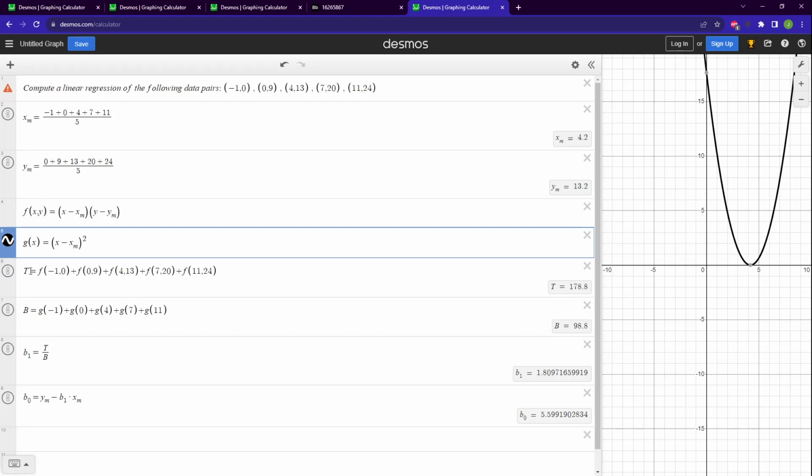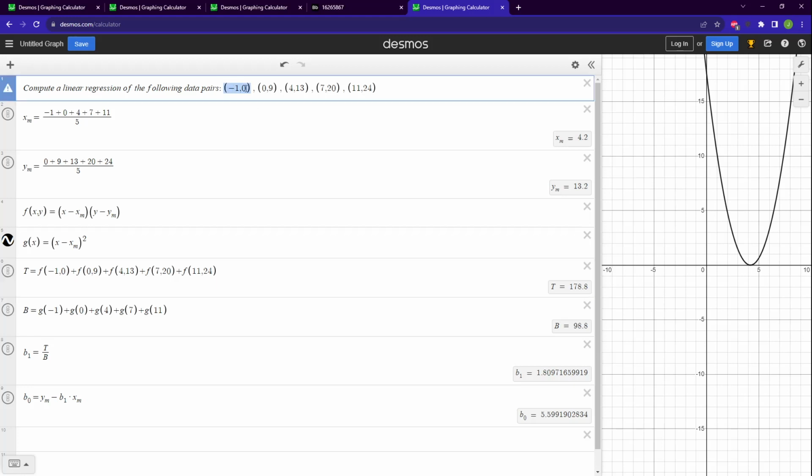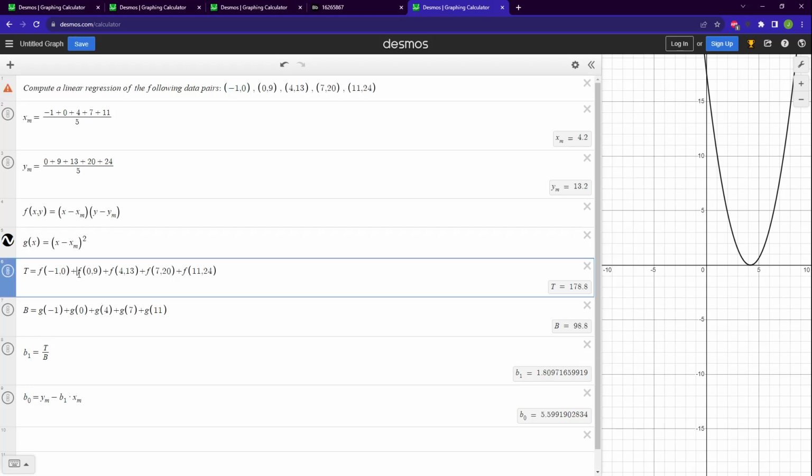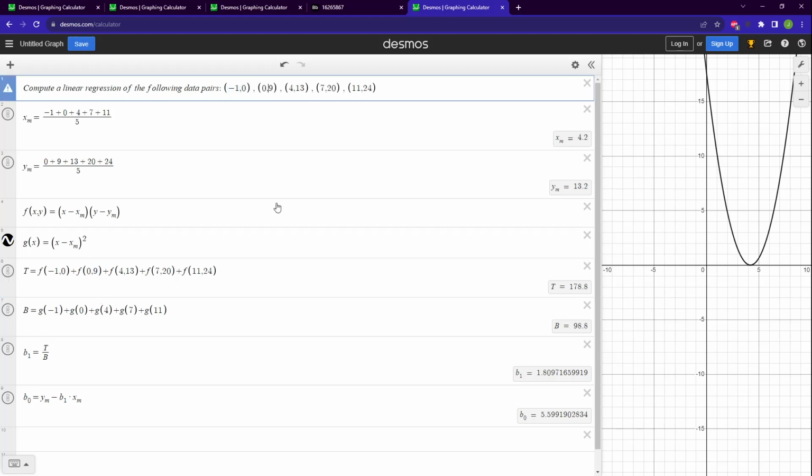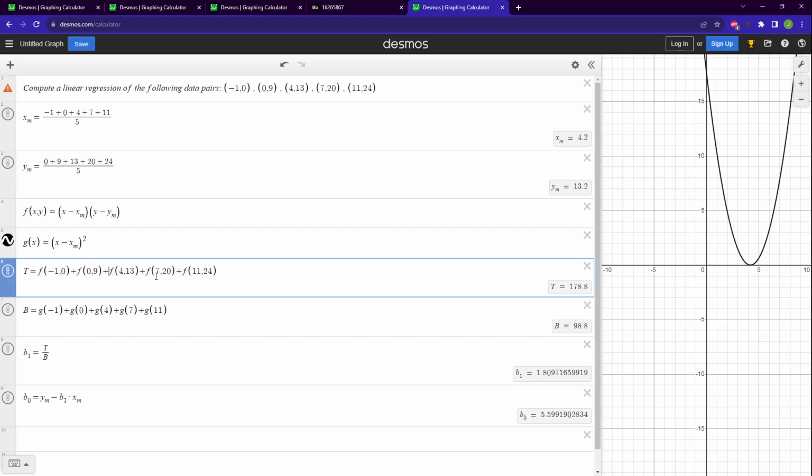So t stands for top, i.e. the numerator. And this is going to be equal to f of each input. So f of -1, 0, the first coordinate pair, plus f of 0, 9, the second coordinate pair. And we keep going until we have all of them. You could literally do this step by step for each one, but your fingers will be dead.